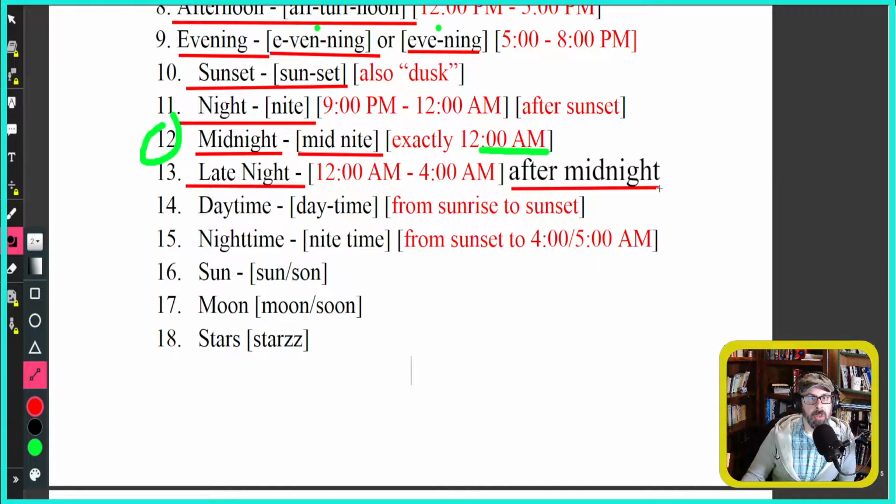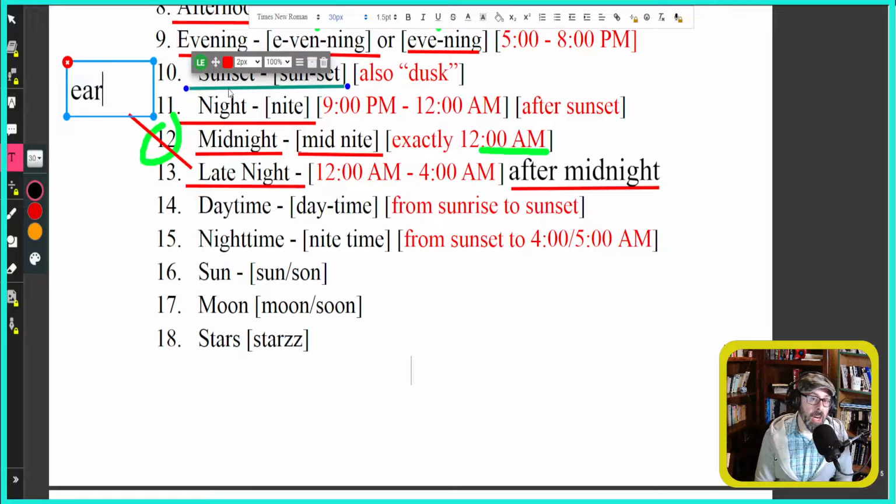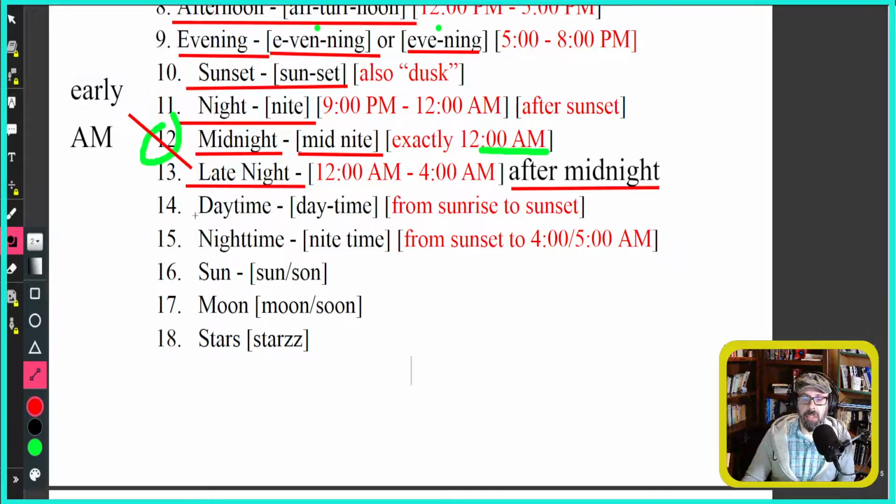So 12 a.m. is midnight, and then late night is very, very early a.m. Late night, or early a.m. So that's another way you can say this. You can say late night, or you can say early a.m.